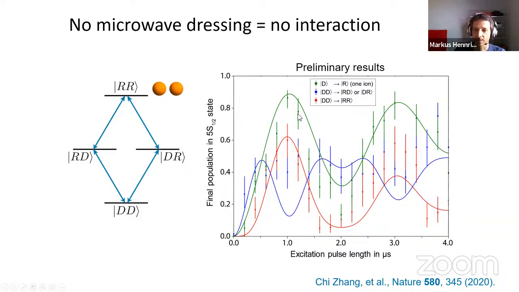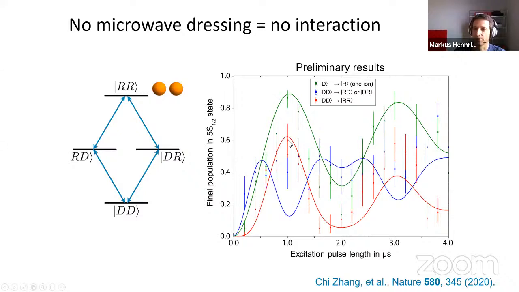The green curve has a certain probability, after a certain pulse length, of being excited into the Rydberg state. For instance, here it's 0.8 something. If you now have two ions next to each other and they are independently excited, then you have the probability P of one ion being excited, just squared.